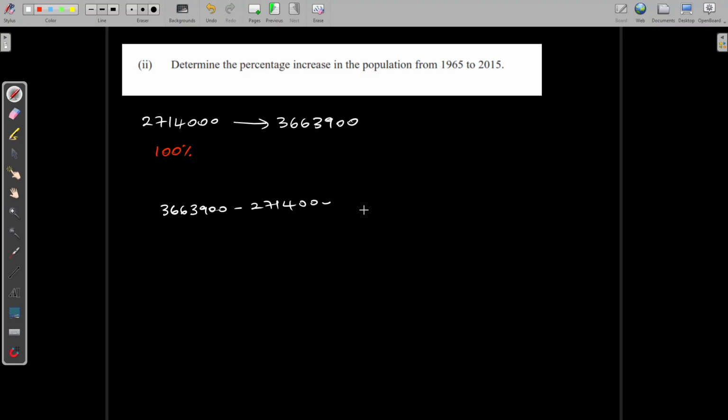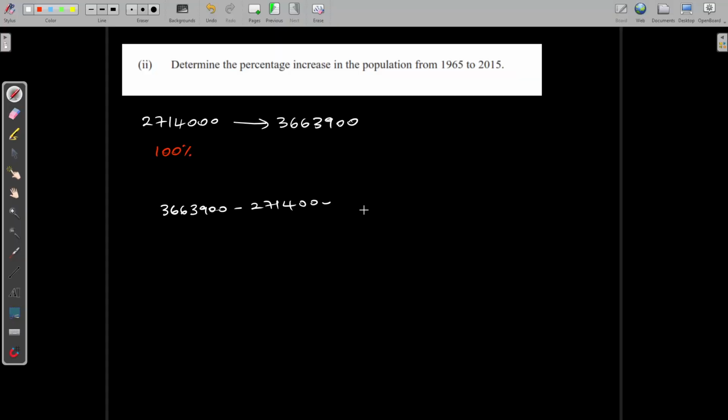Hold on, the tablet is glitching out, man. Give me a second.